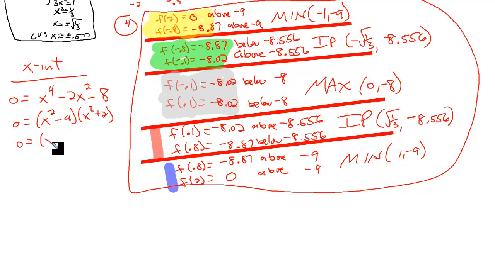X squared minus 4 factors some more. It's the difference of two squares. X squared plus 2 does not factor anymore. It's a sum, and it's not a sum of two cubes, therefore it doesn't factor. Set each factor equal to 0.